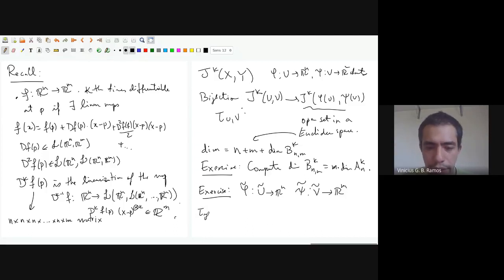We can write these transition maps, UV, inverse, and of course restricted to where it makes sense.